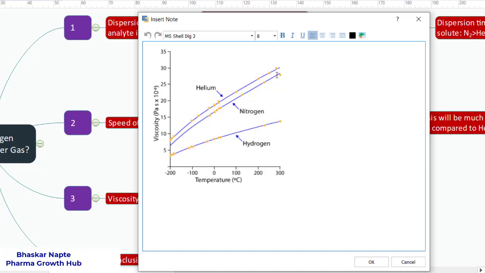Now, why is this change important and how can it influence chromatography? Because in gas chromatography, we are going to play with the column temperature from low to high. And this low to high change in the column temperature is also going to change the viscosity of the carrier gas flowing through the column. So how is this change in the viscosity of the carrier gas going to impact the performance? Let us discuss this point.